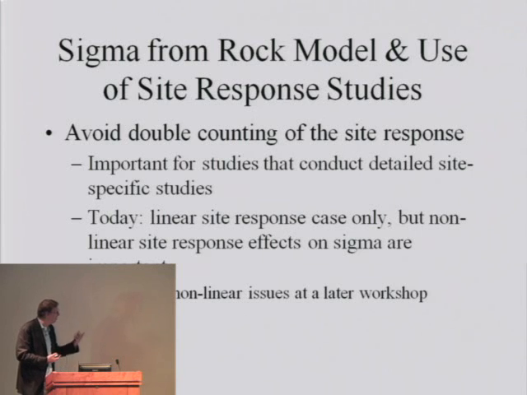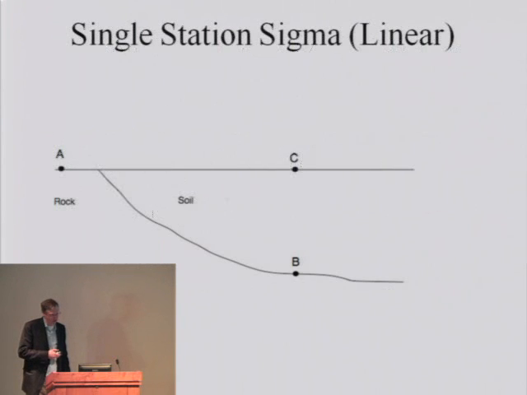Studies that are going to conduct a detailed site study, like for a nuclear power plant, would want to be sure that we're not putting the variability that they're calculating in the site response into our rock ground motion model, and how do we separate it out. All we're going to talk about today is the linear site response case, because that's a big enough step here as we're moving forward, and we'll deal with the nonlinear impacts in our later workshop.